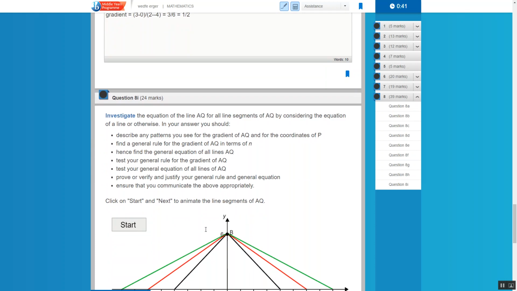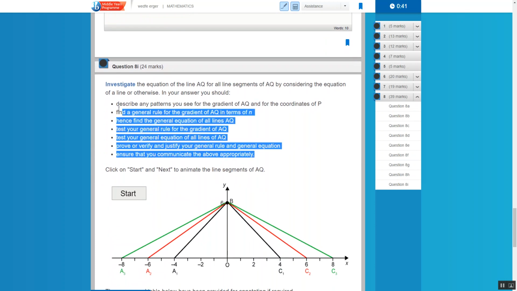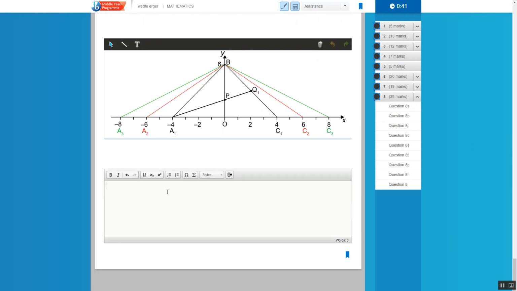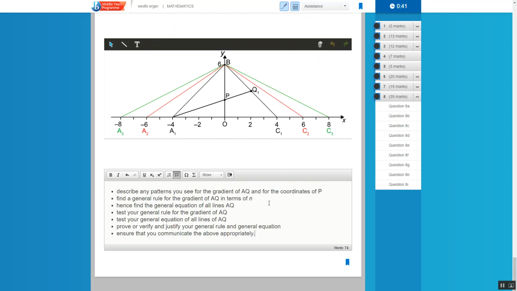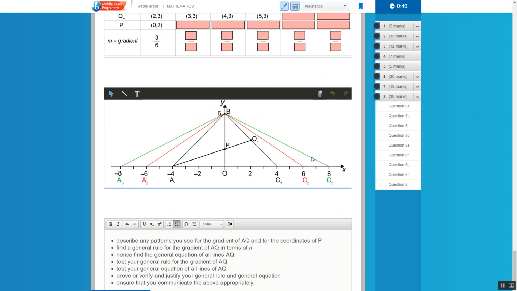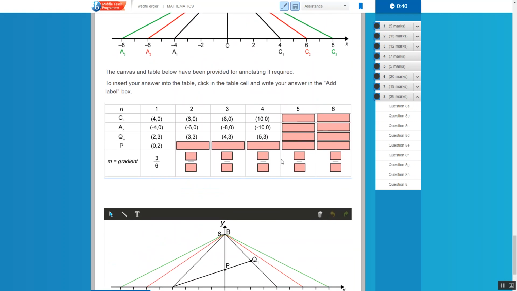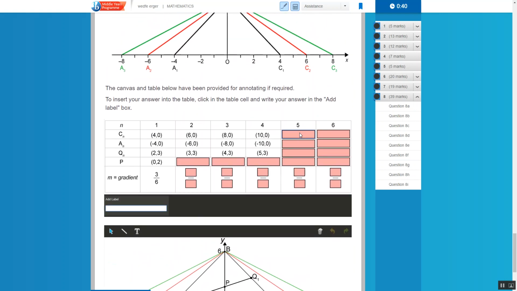Okay, and the last one. This is quite a big one. Right, so describe any patterns you see for the gradient of AQ and for the coordinates of P. Okay, so basically if you find this table, you will be picking up those marks. Okay, you'll be making predictions actually.